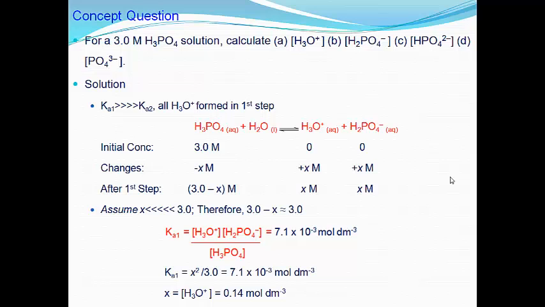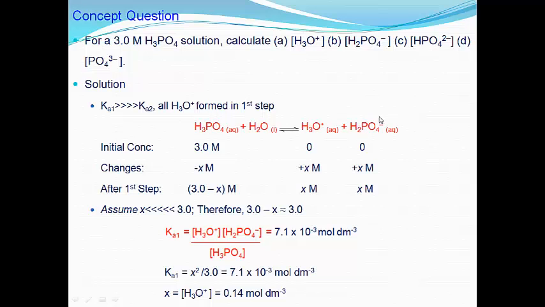Now, again, we need to apply some kind of strategy. What we should start out with is writing out all of the different ionization steps and the equivalent equilibrium constants for each step. And so for the first step, we have H3PO4 plus H2O to give us H3O+ plus H2PO4-.